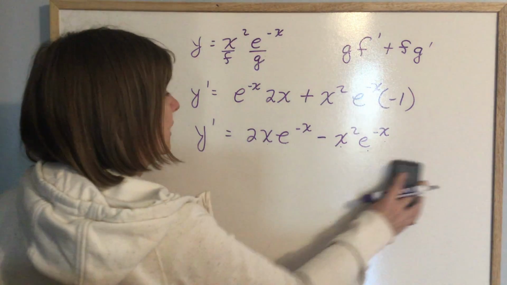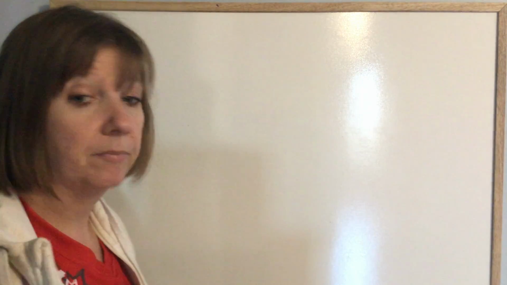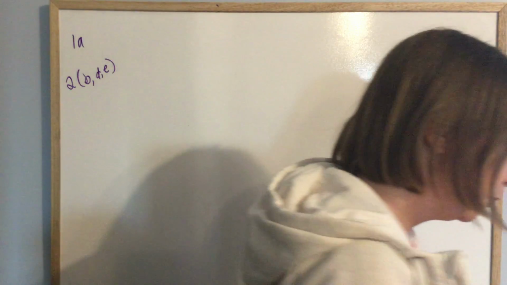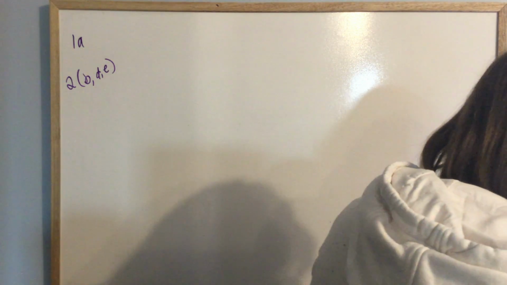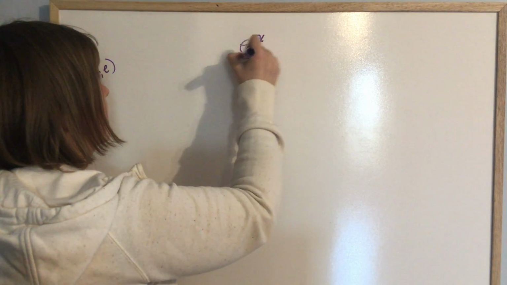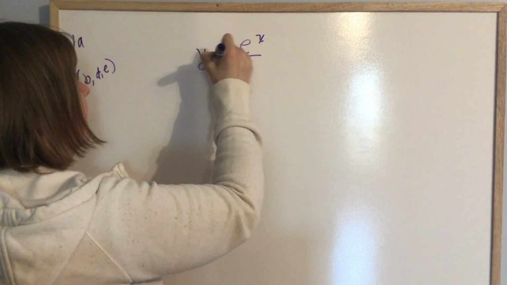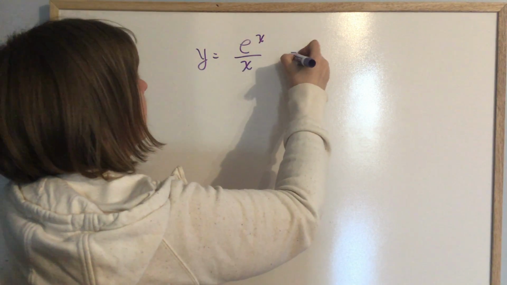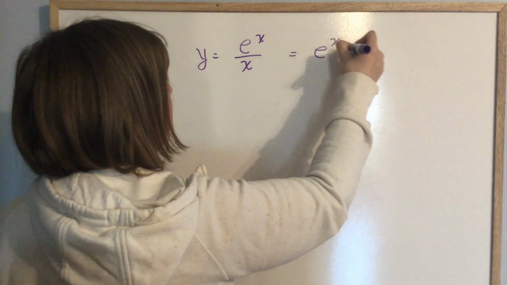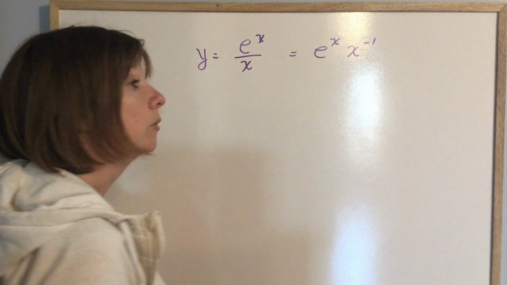E. There were quite a few questions about E. I've not done it yet, so if I screw it up the first time, you can let me know. E to the x over x. So I would rewrite that as e to the x, x to the -1.